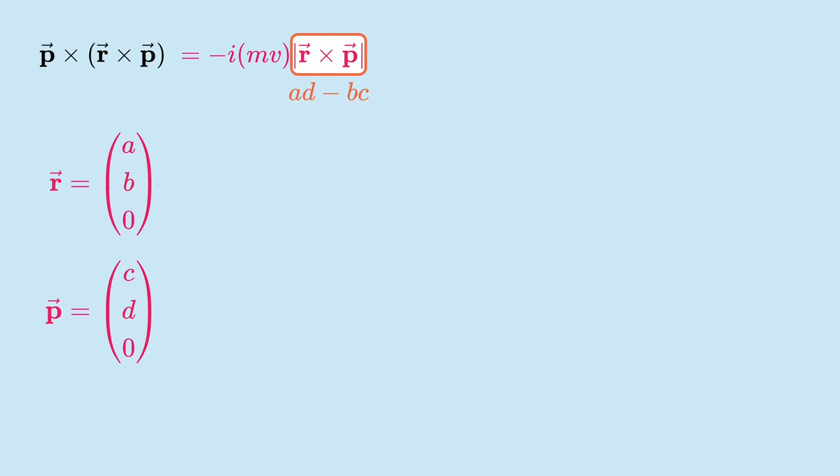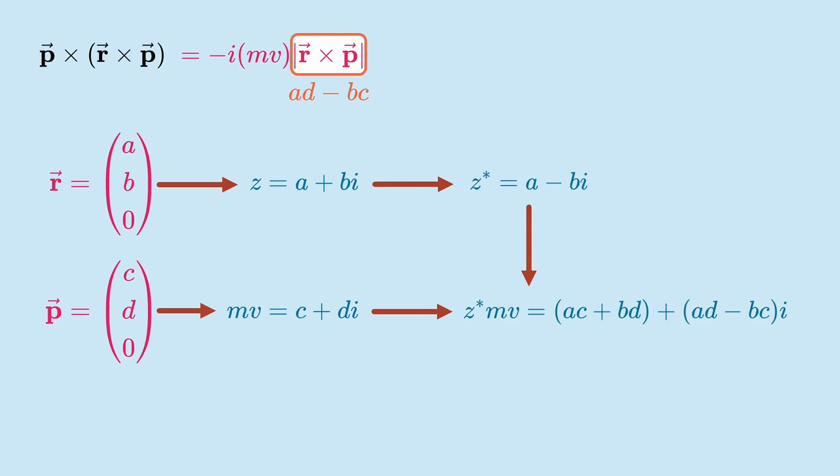The corresponding complex numbers for r would be z, which is A plus Bi, and that for p is mv, which is C plus Di. A clever way to make AD minus BC is to conjugate z and then multiply mv. You can pause and verify the calculation, but now the imaginary part is precisely AD minus BC.